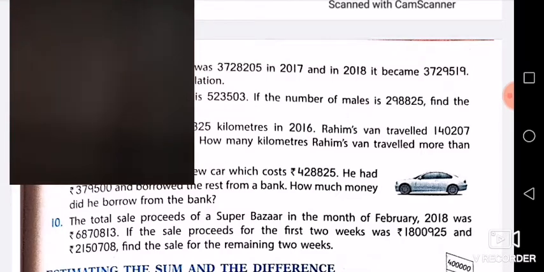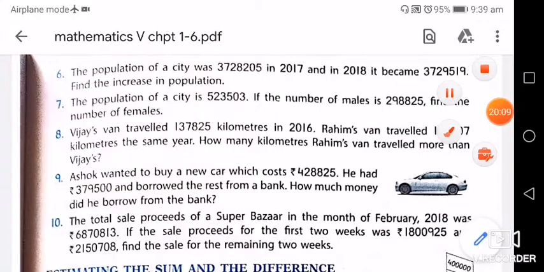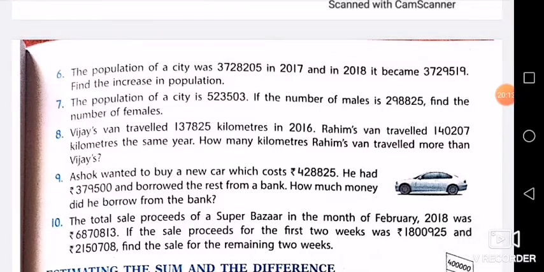Fine. We'll revise once again whichever concept we have done today. We have done word problems of subtraction, and we have seen if increase in population is given, you are supposed to do subtraction. If the population of a city is given, number of male or number of female and children will be given, you are supposed to do subtraction.